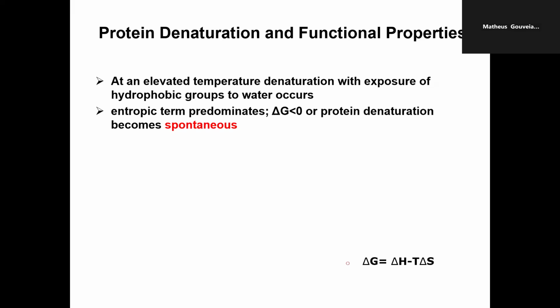But at an elevated temperature for a given protein, what happens is unfolding, and now the hydrophobic groups are exposed to water, and we break the stable water structure. So now the entropic term dominates, so delta S goes up, delta G becomes negative, and protein denaturation becomes spontaneous.